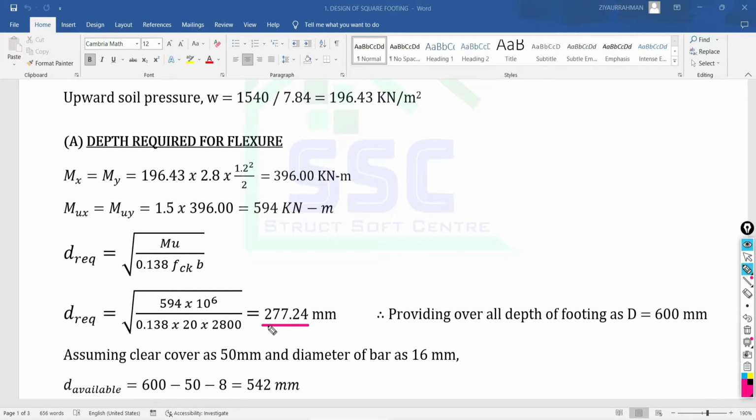So here the flexural requirement is 277, but the shear requirement will be more than this. That's why I am going to directly consider 600 mm as the overall depth of the footing.